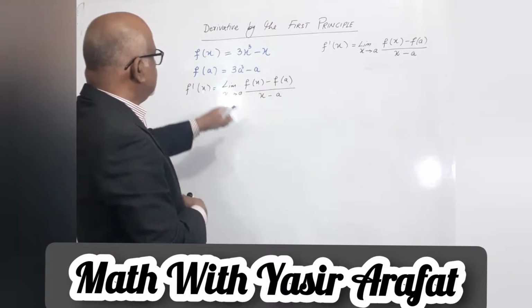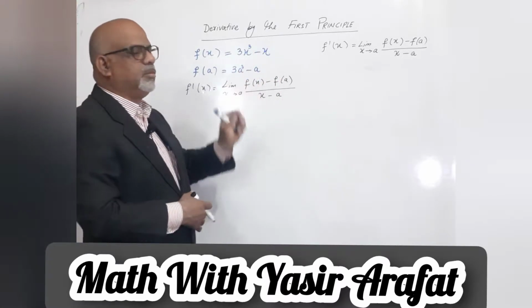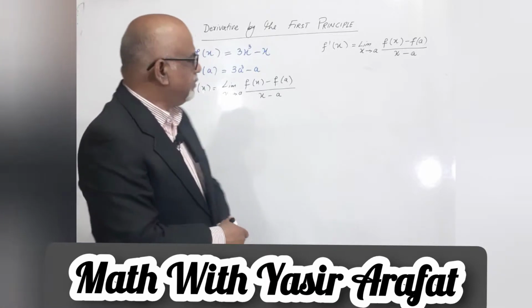So f of x is 3x cubed minus x and f of a is 3a cubed minus a. We just have to put their values here.